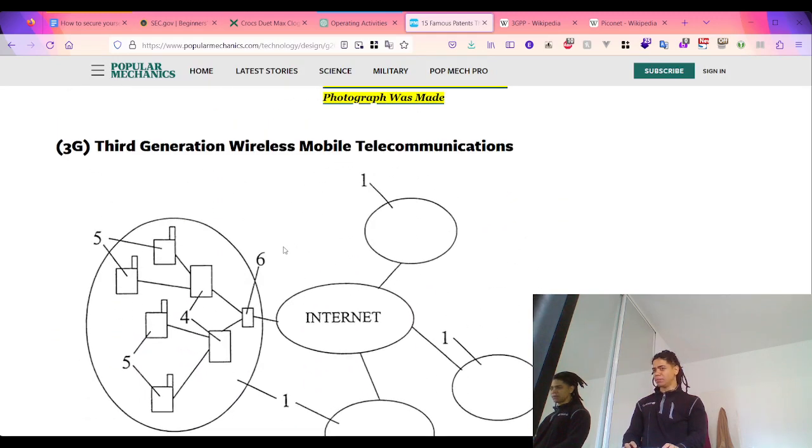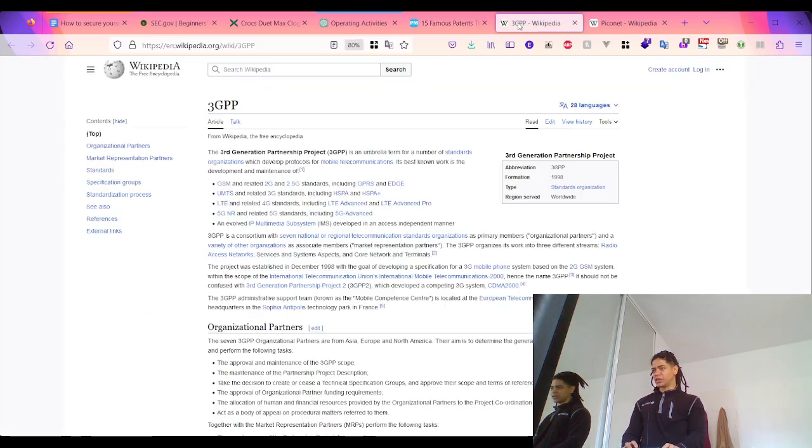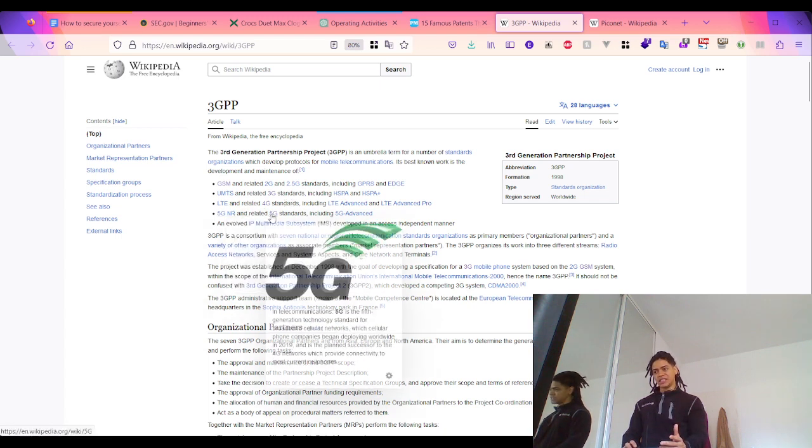And this is something very important because of the 3GPP, which is an umbrella term for a number of standards organizations that take care of the development and maintaining of GSM, 2G and 2.5G standards, UMTS or 3G standards, LTE, which is 4G standards and related 4G standards, 5G and related 5G standards.